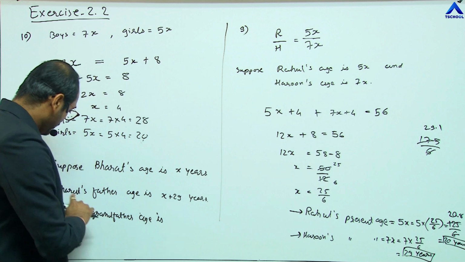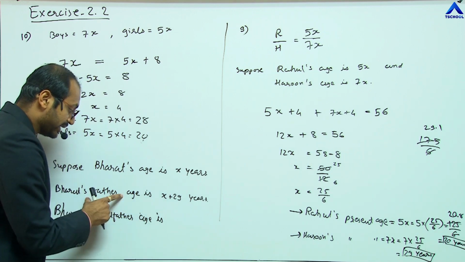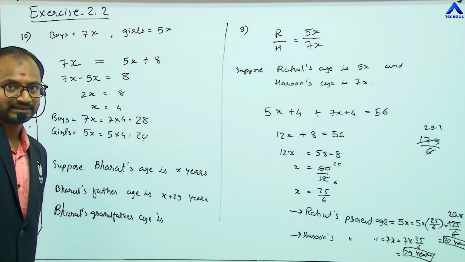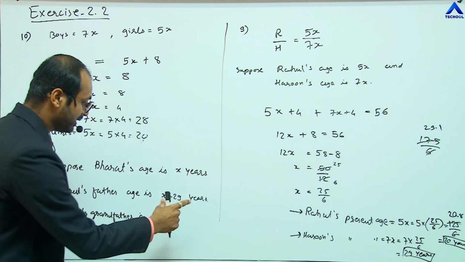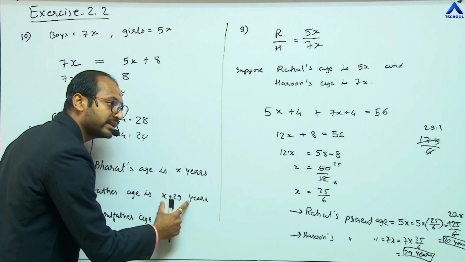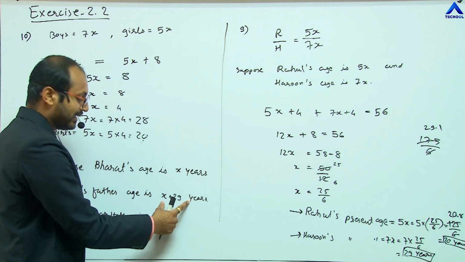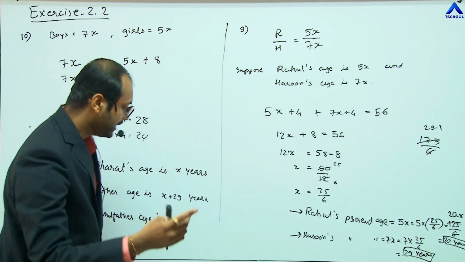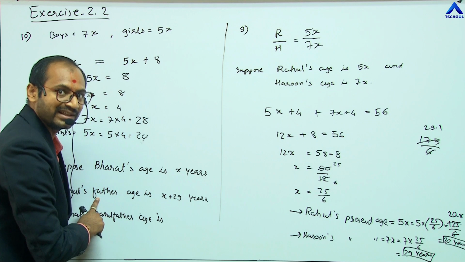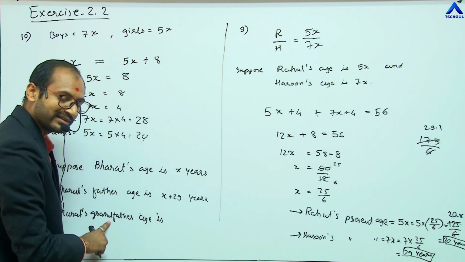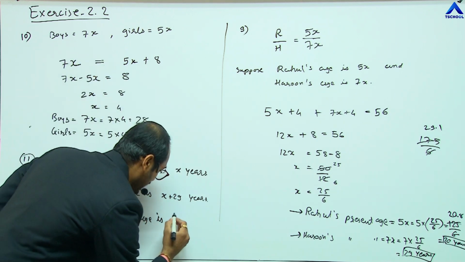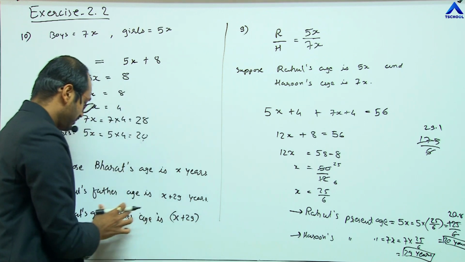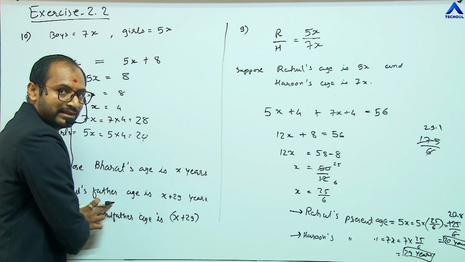Now, say Bharat's father is 26 years younger. This is younger by 26 years. That means the grandfather is 26 years older than Bharat's father. Clear? So I have to add 26 here to x plus 29, which is Bharat's father's age.